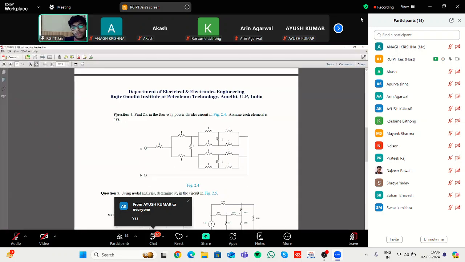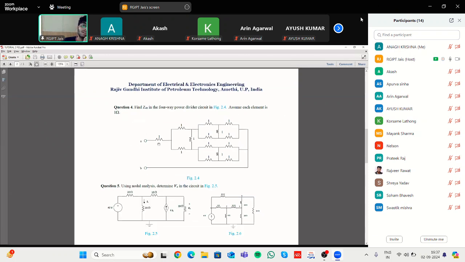So look into this fourth question. This might be in your JEE syllabus, right? This delta-Y transformation. One hint is that you can apply the delta-Y transformation here, and it's quite easy to solve.